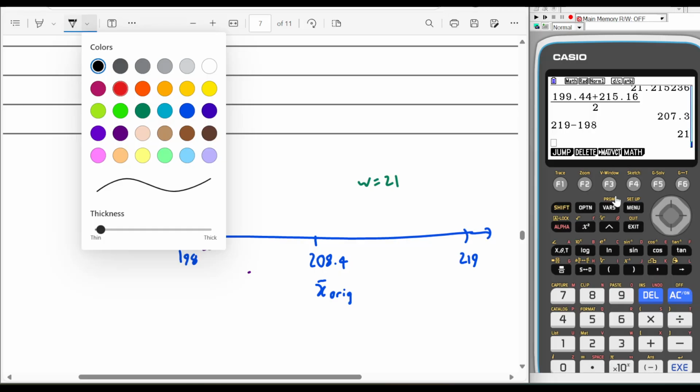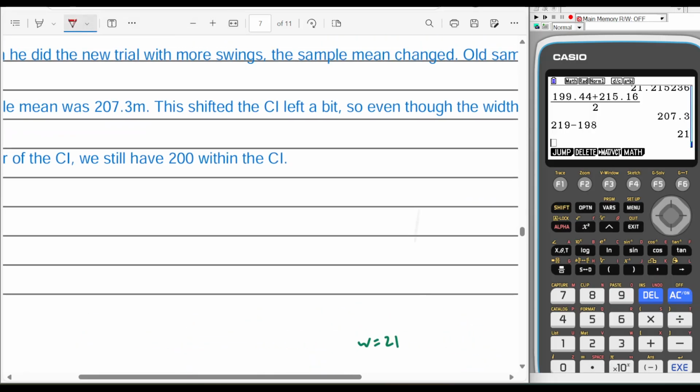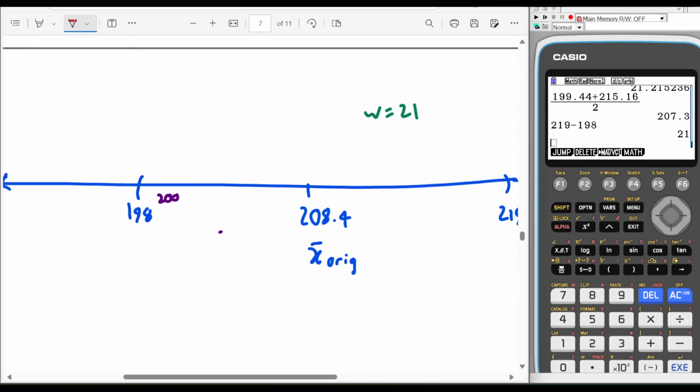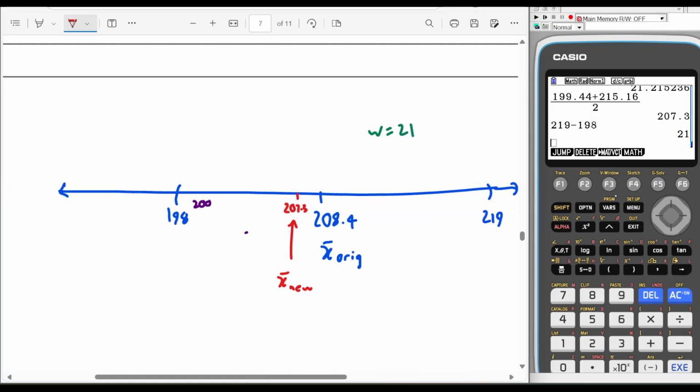So the new sample mean was 207.3. So there it is. So that's X bar new. And that was still a little bit below 200. The 200 is still inside because the sample mean shifted down, even though the width was a lot narrower.